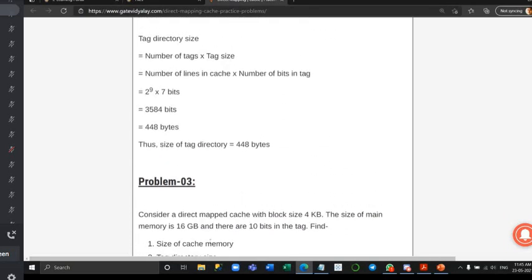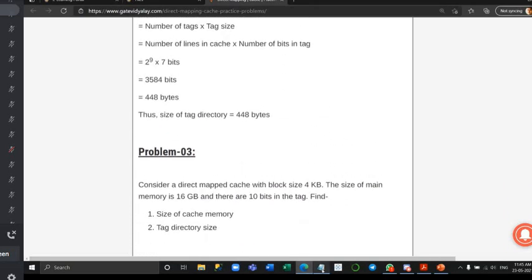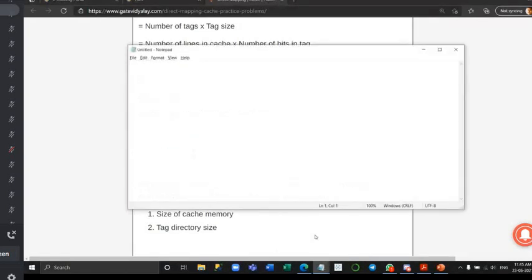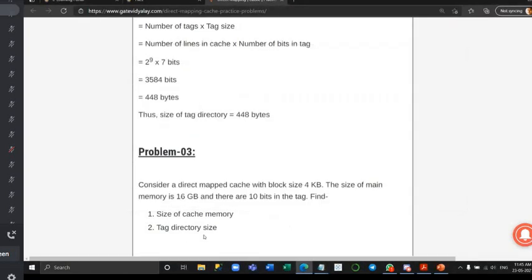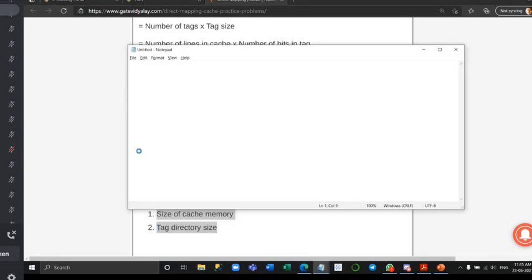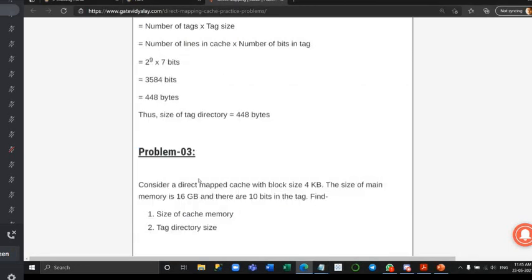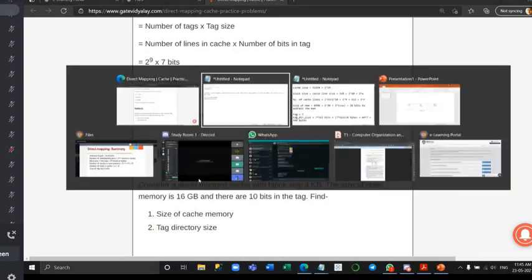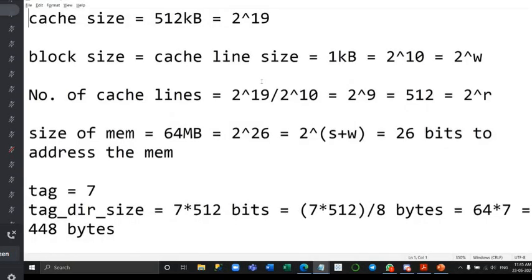Problem 3. I think what we'll do is just write down the main problem. Problem 3 states it's a direct mapped cache with a block size of 4 KB. We'll write down all the details here.